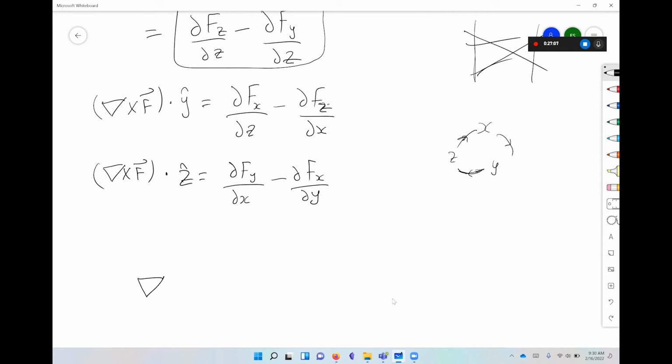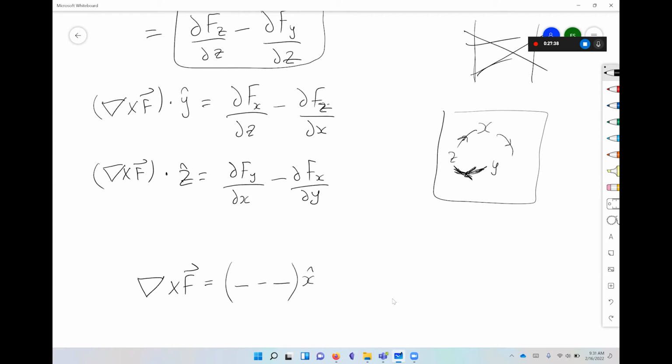So I have curl F. The trick is that the curl is going to have an x hat component. So you go back to this nifty permutation diagram, permutation graph, and that permutation graph is going to give you the denominators of the partial derivatives. So it's going to be a difference between two partial derivatives.